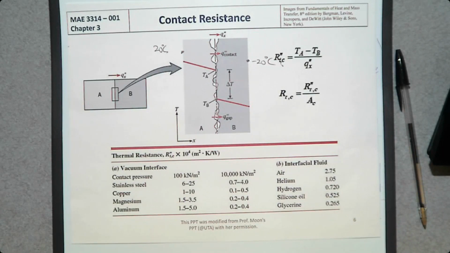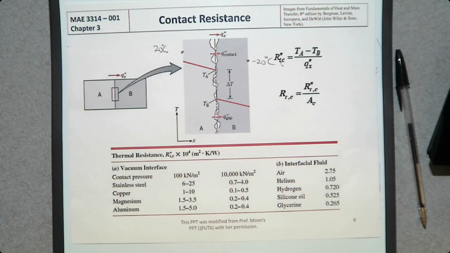The first one is a vacuum interface, meaning there is no fluid in the gap, or there is a fluid in the gap. Depending on how much pressure has been used to put these 2 solids together, these are the R numbers for different materials.